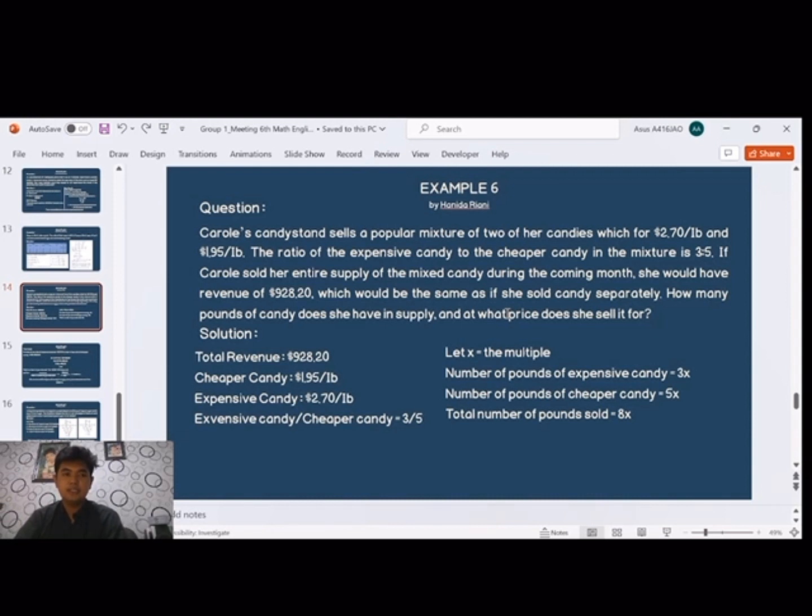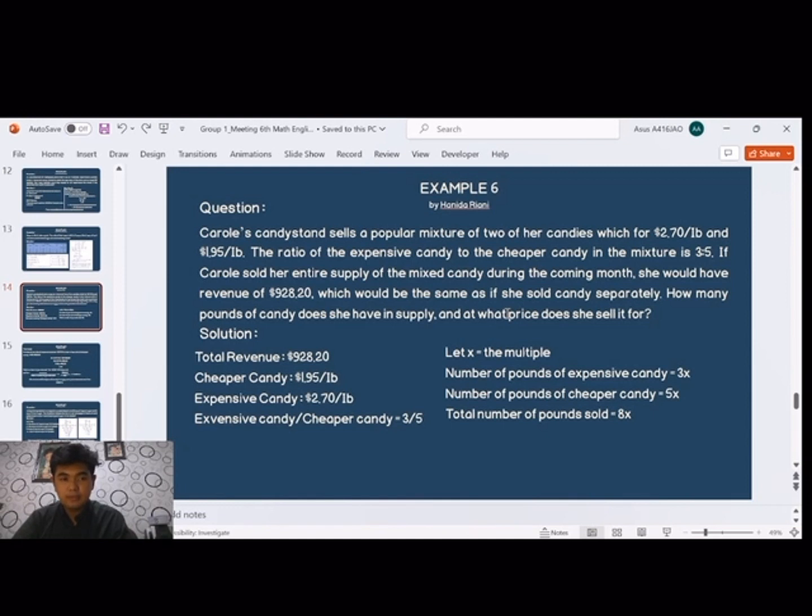Okay, the solution is, because we know the total value is $928.20. Cheaper candy is $1.95 per pound, and expensive candy is $2.70 per pound.